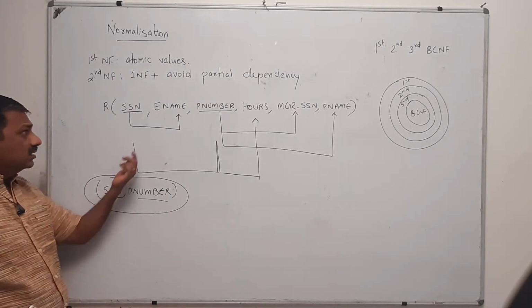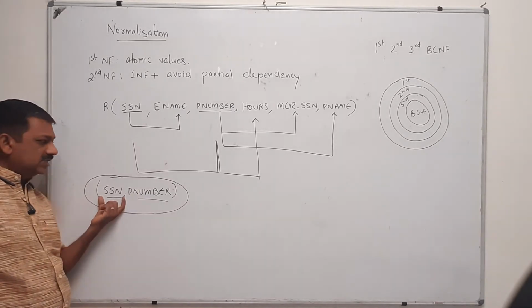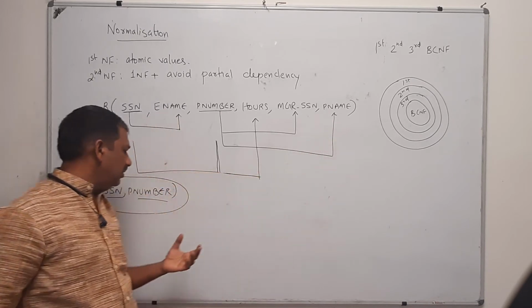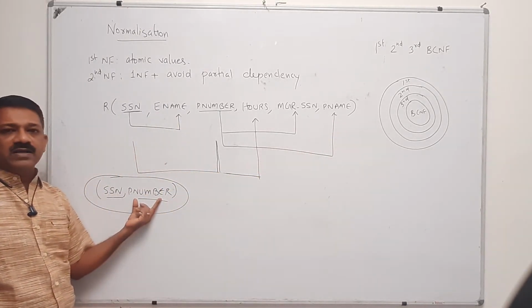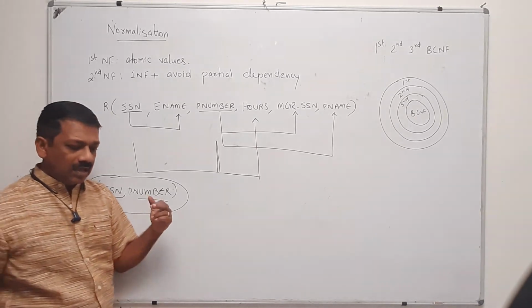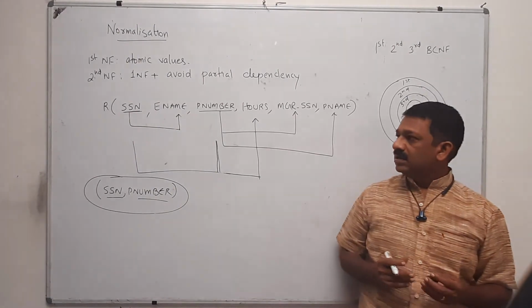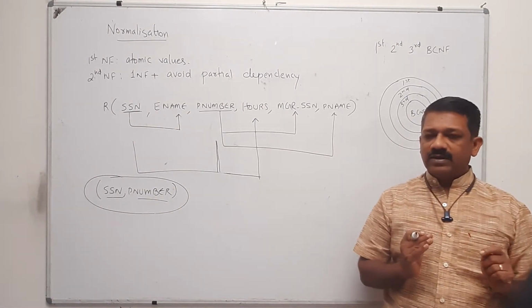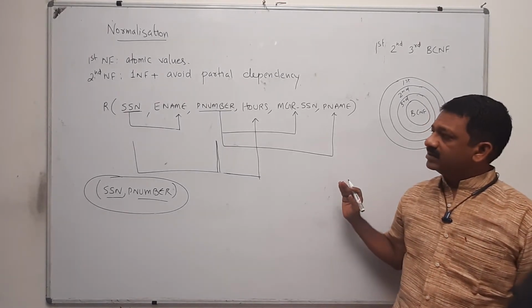But this E name depends on a part of the primary key, that means SSN, and MGR SSN and P name depend on another part of this primary key. This is called partial dependency. That means a non-key attribute is depending on part of the primary key, not the full primary key. So that kind of dependency has to be avoided.